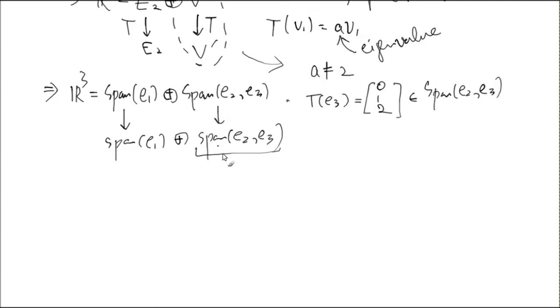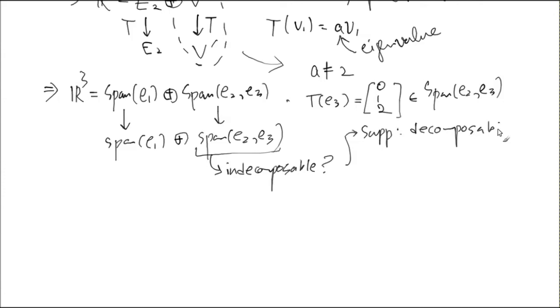So let's think about why this one is indecomposable. If it is decomposable, what is the possibility? Suppose decomposable. Then span of E2, E3 is going to split into, I'm going to use W1 and W2.